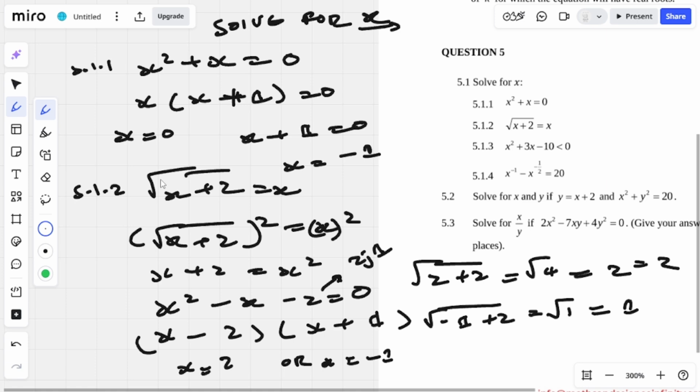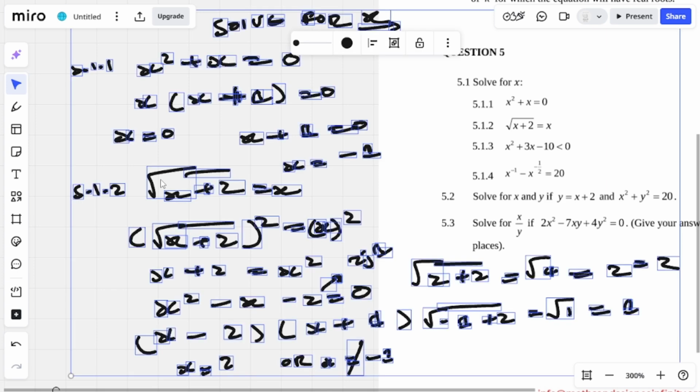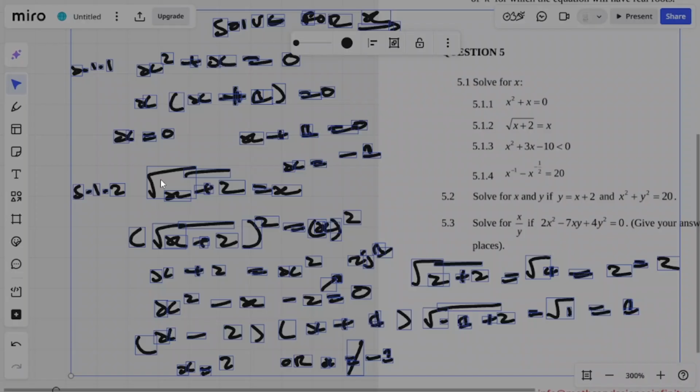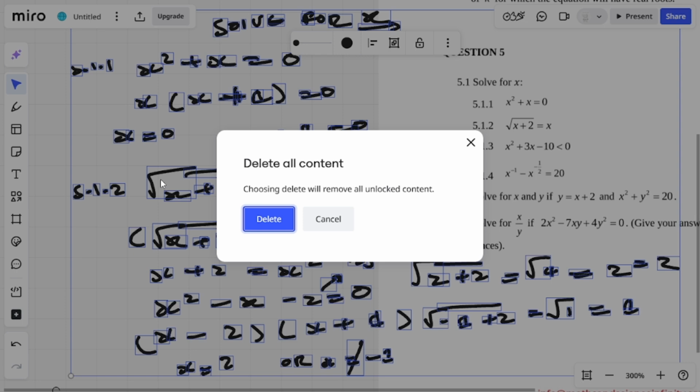Now when you put negative 1 on this side, does it equal the other side? No, it doesn't equal the right hand side. So the left hand side and the right hand side are not equal to each other. Therefore, we're not selecting this one as an answer.